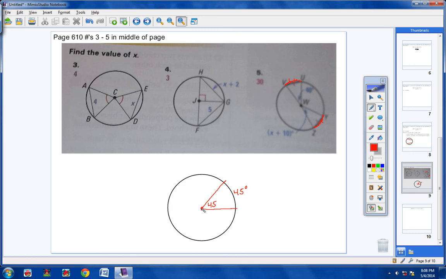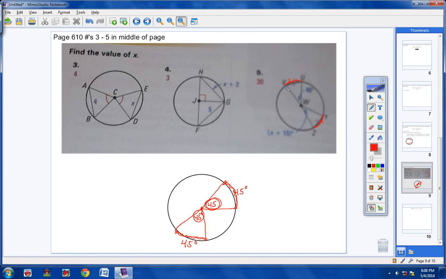So if I have an arc out here that's 45 degrees, this arc is 45 degrees, this arc is 45 degrees. What does that mean this angle here is? 45. Oh, really? Well, what does it mean this angle here is? 45. So if this arc here is congruent to this arc here, then this angle here has to be congruent to this angle here.